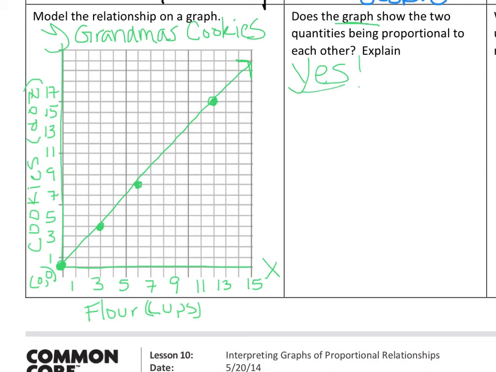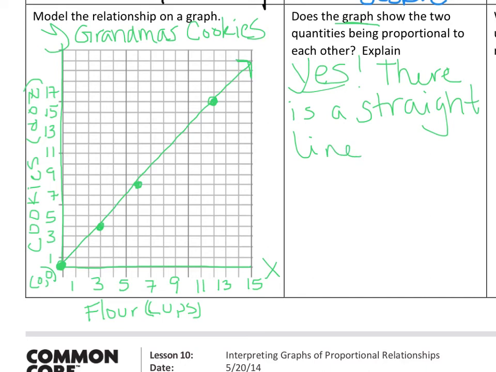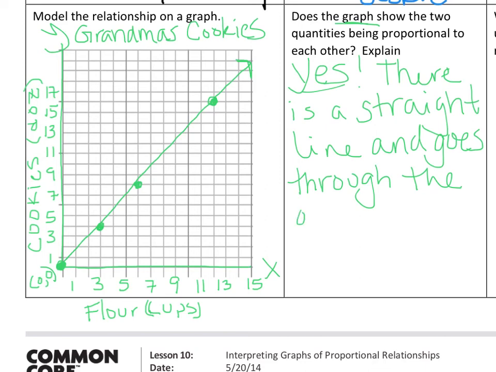Okay, our reason: there is a straight line and it goes through the origin, which is 0, 0, just in case you didn't know.